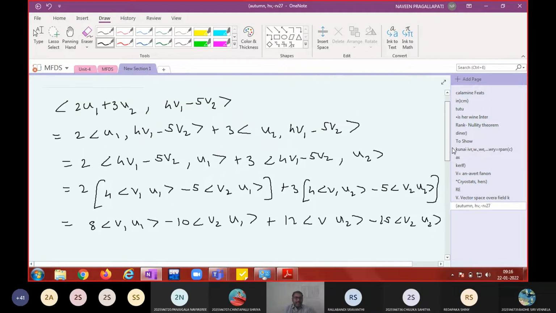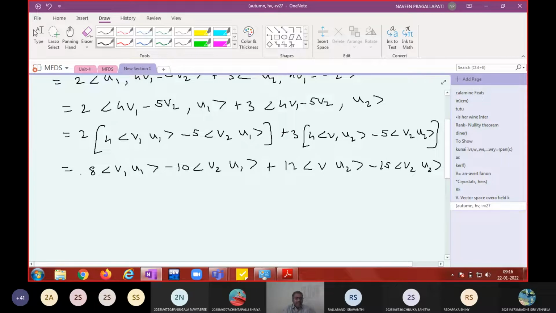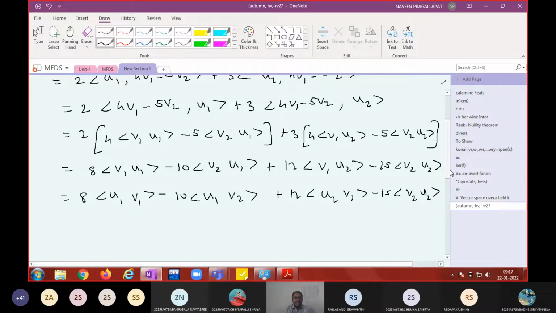I can interchange this to 8 times the inner product of u1 v1 minus 10 times the inner product of u1 v2, plus 12 times the inner product of u2 v1 minus 15 times the inner product of u2 v2. Again the symmetric property I can use because I am considering a Euclidean space.